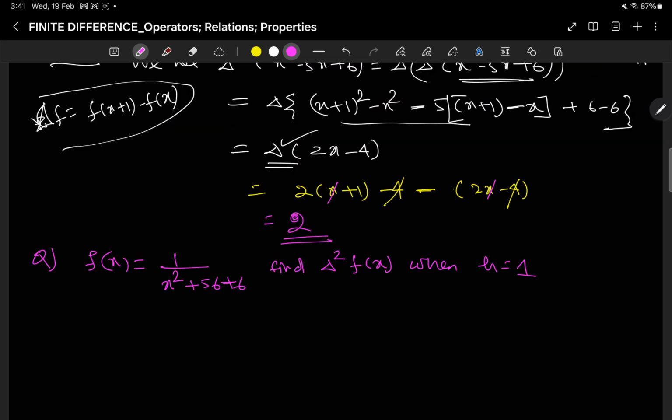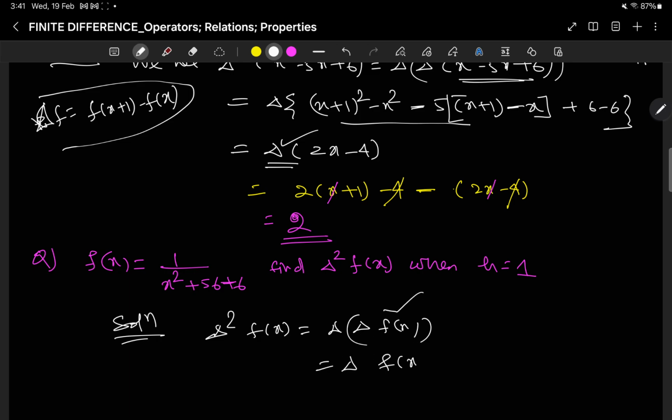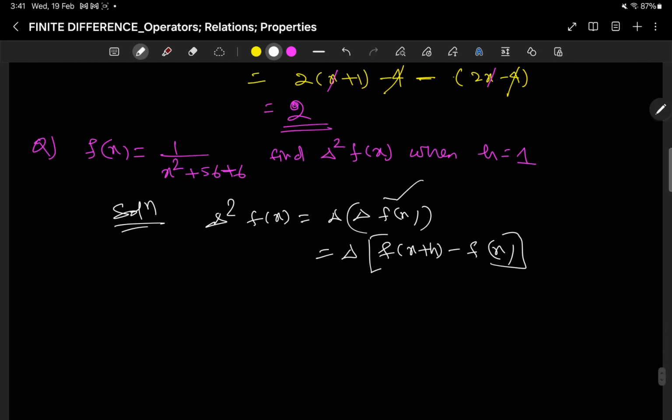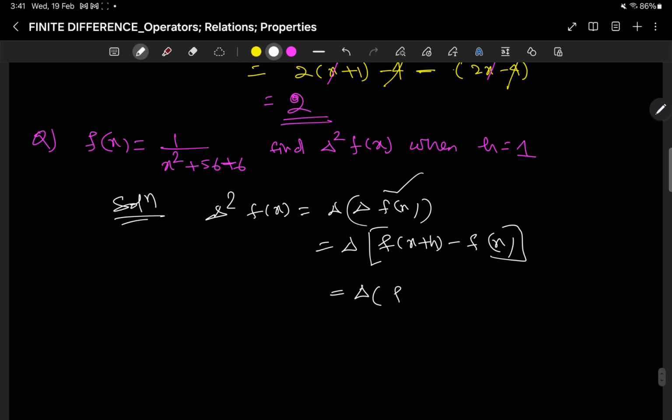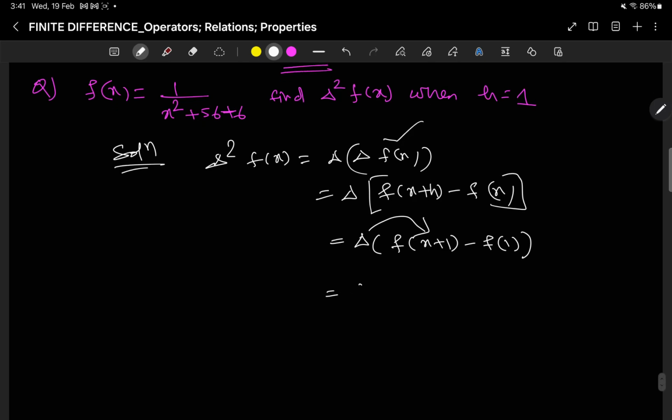Similarly, now coming to the solution of this. Okay, del square f x is equal to del of del f x. So this will be del of f of x plus h minus f x, but h is 1 here. So this is equal to del of f of x plus 1 minus f of x. Again, if del is operated, it will give you f of x plus 2 minus f of x plus 1.